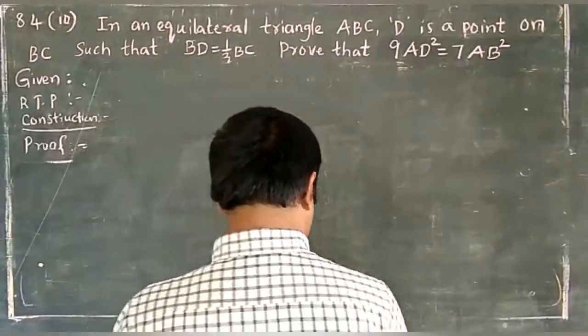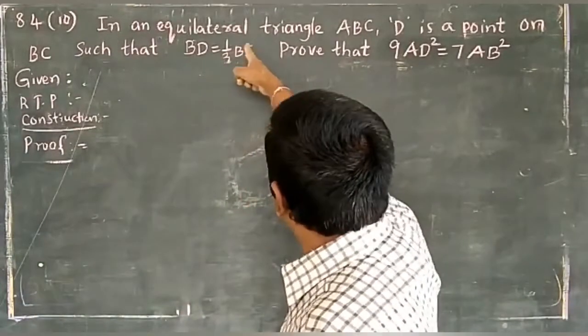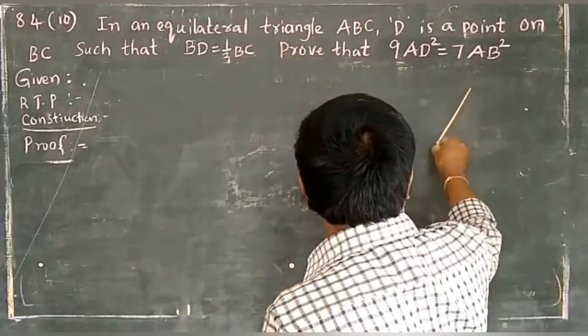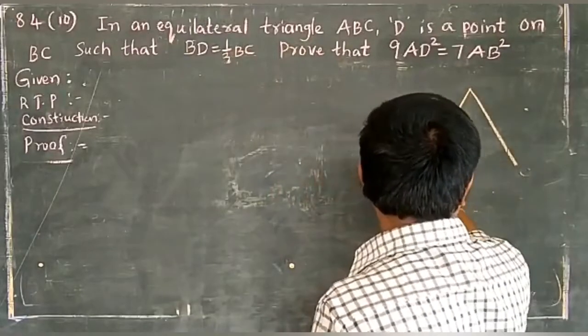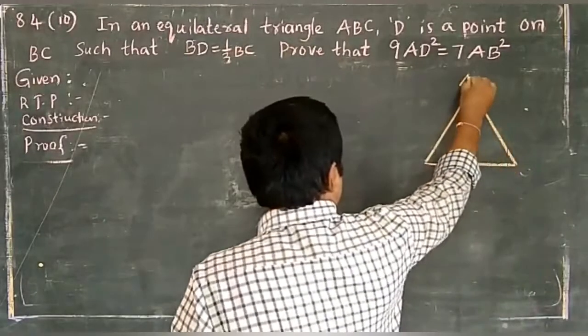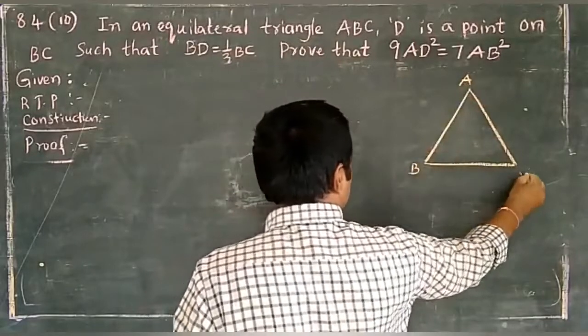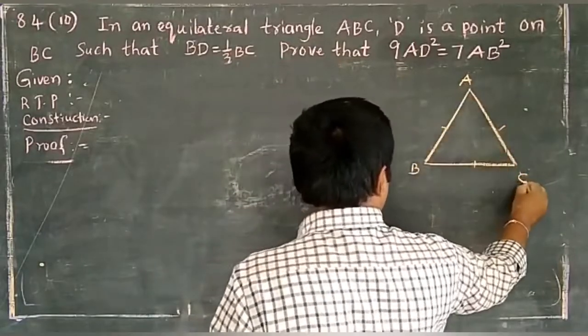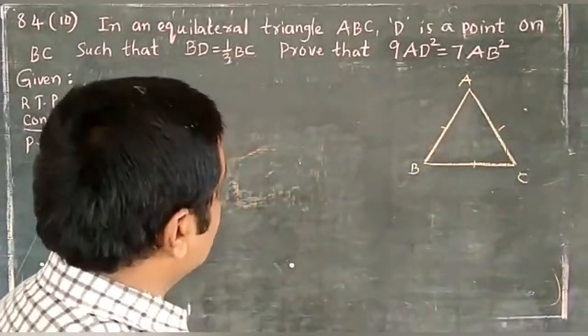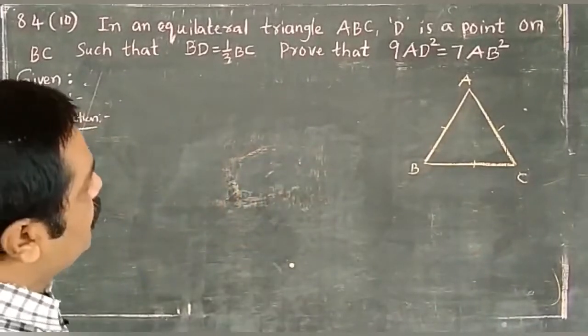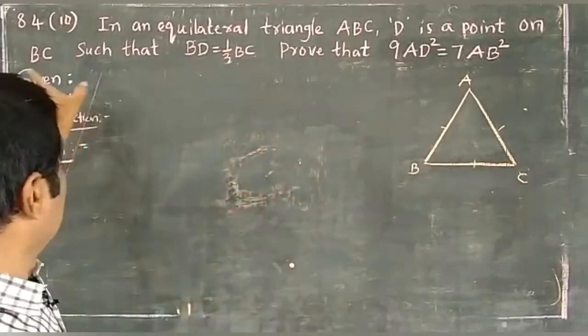Okay, now first we have to draw one equilateral triangle. Is it clear? And what information he gave: D is a point on BC.